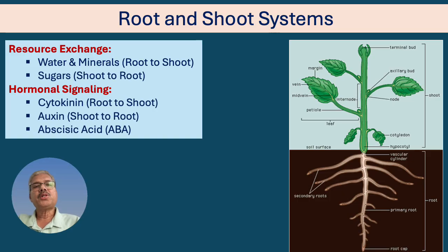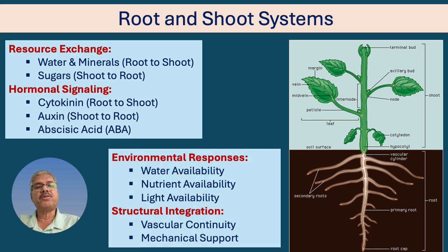The root and the shoot systems of the plant are intricately interconnected, forming a vital partnership for the plant's survival and growth. The relationship is a dynamic exchange of resources and signals, ensuring the plant functions as a unified organism. The root system absorbs water and dissolved minerals from the soil.